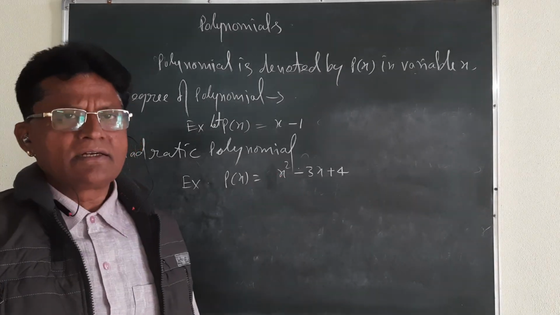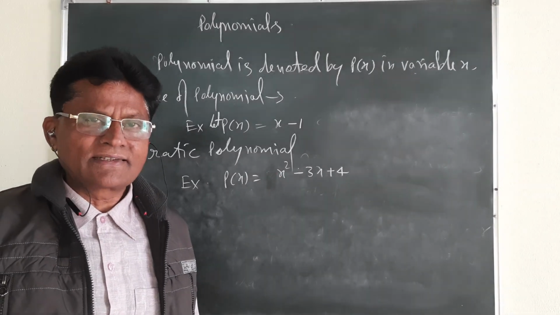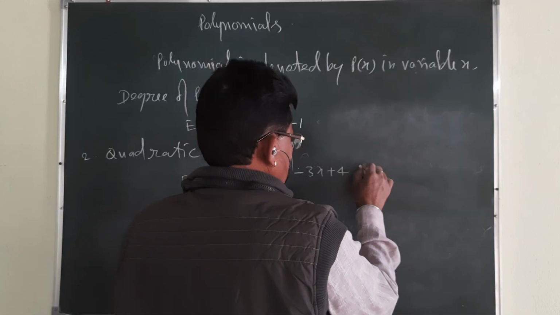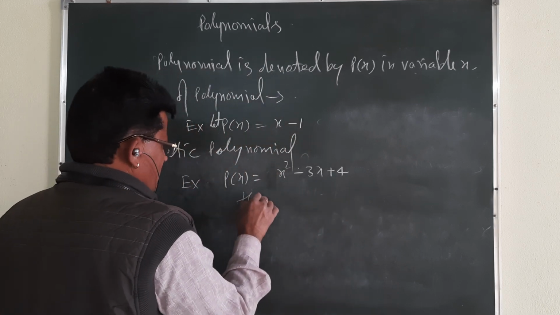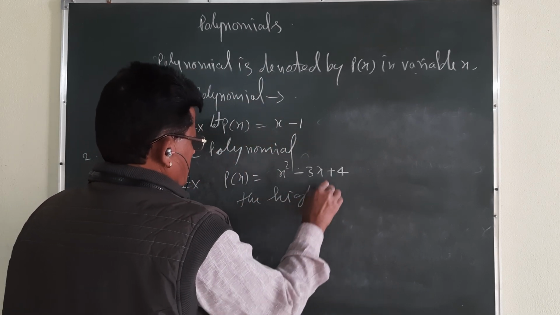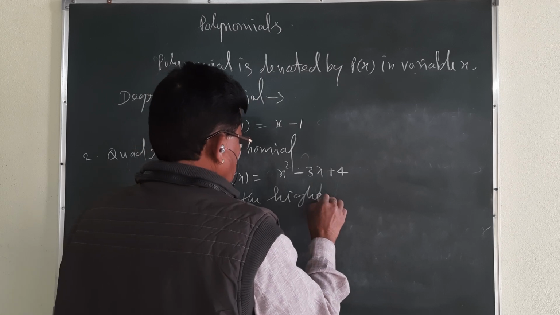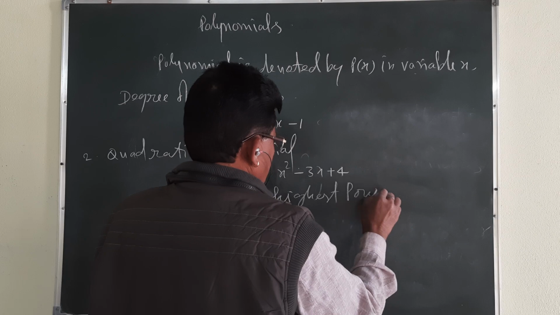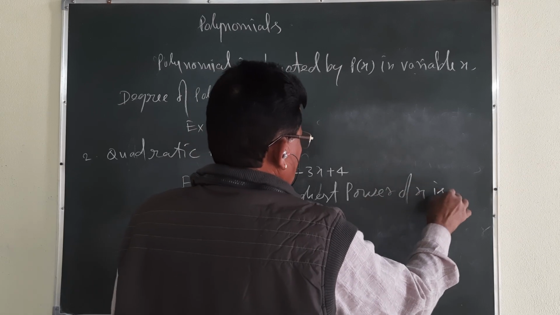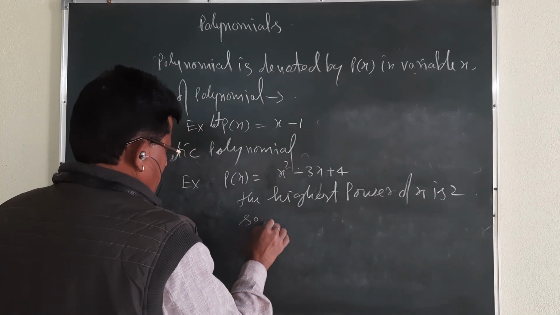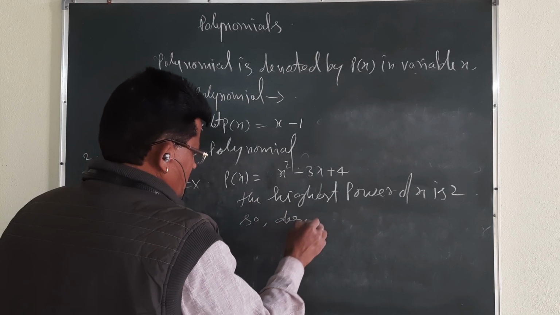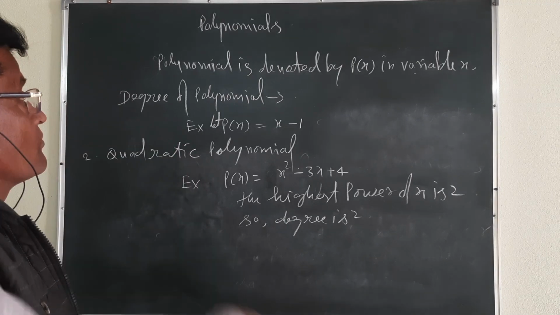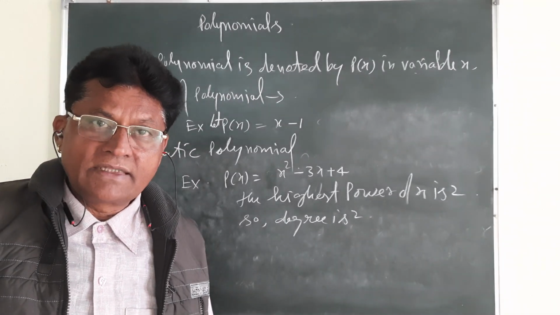Tell me, what is the highest power of x? Here it is 1, here it is 2. It is a quadratic polynomial. How? The highest power of x is 2. So the degree of this polynomial is 2. That is why it is a quadratic polynomial.